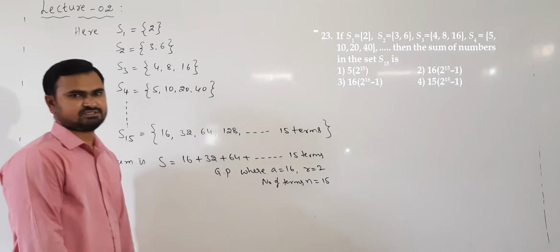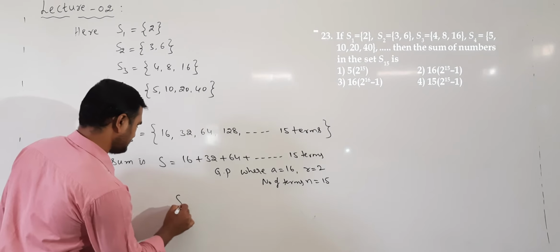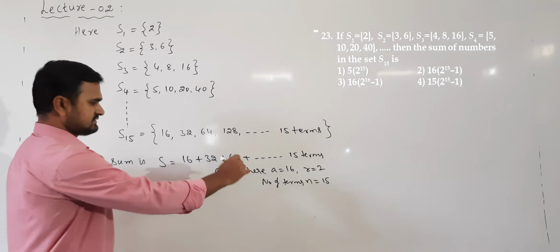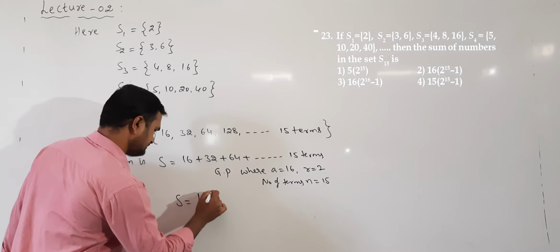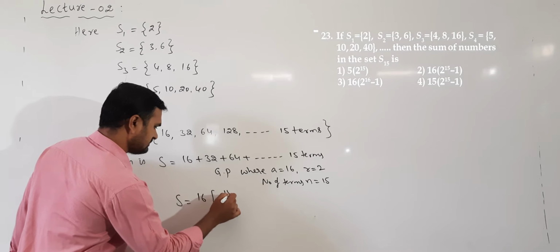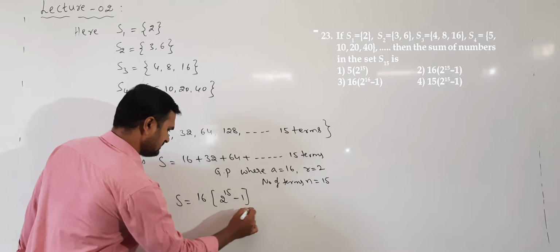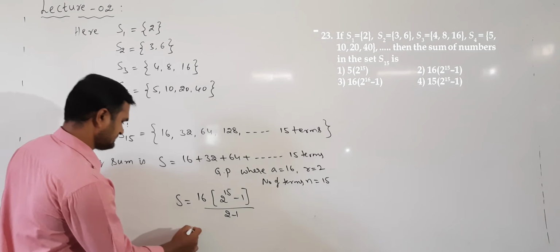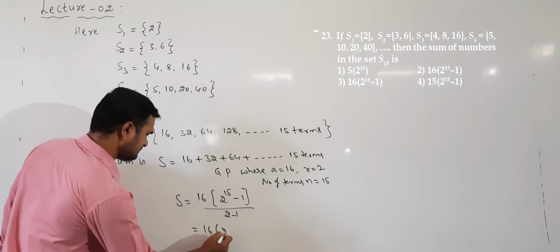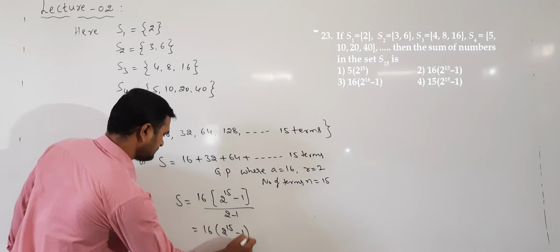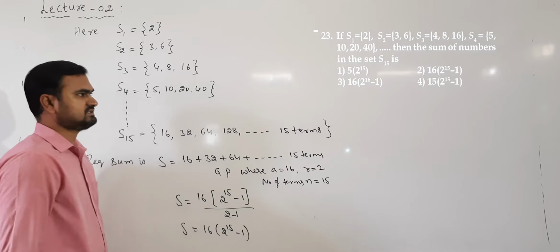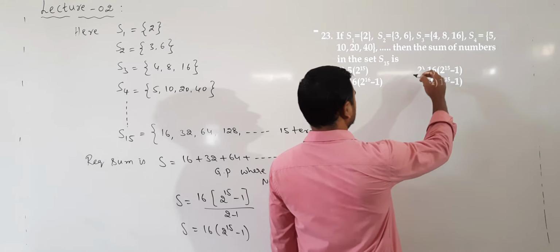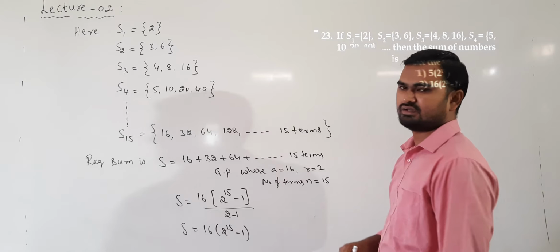Up to 15 terms we are finding the sum. The sum of n terms in a GP is a times r to the power n minus 1 divided by r minus 1, which is 16 into 2 to the power 15 minus 1. So the required sum is 16 into (2 to the power 15 minus 1). So the second option will be correct.